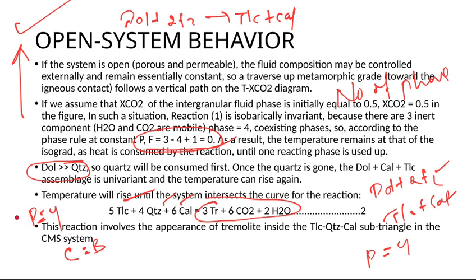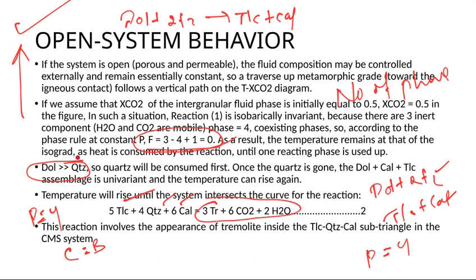So what will happen? Dolomite will remain in a large amount. So quartz will be exhausted first, and it is an open system behavior. The first influx of quartz is exhausted. Now we are waiting for the second influx of quartz.